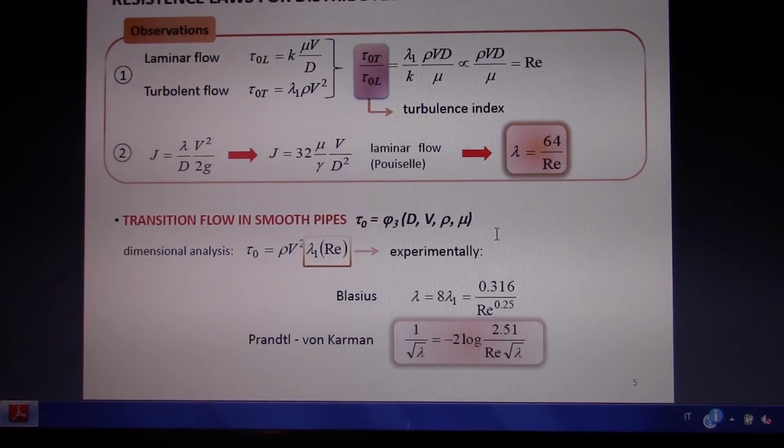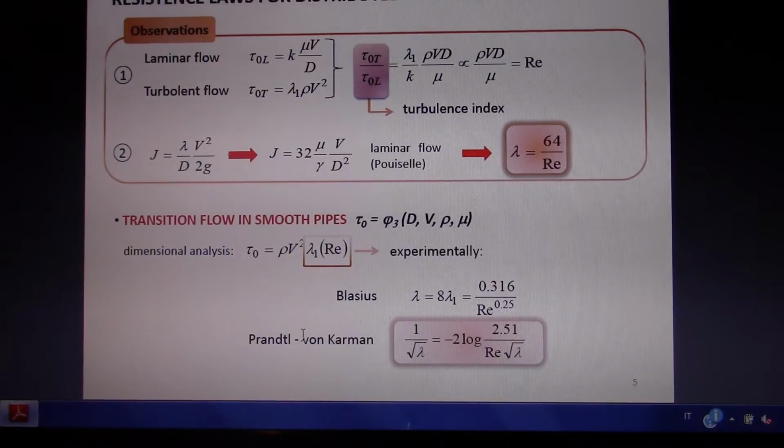Experimentally, there are different laws that can help you to define this friction factor. In particular, Blasius, which says that lambda, equal to 8 lambda 1, is also equal to this ratio of a constant 0.316 over Reynolds to the power of 0.25. But the most used law for determining the friction factor in the condition of transition flow in smooth pipes is, of course, the Prandtl-von Karman.